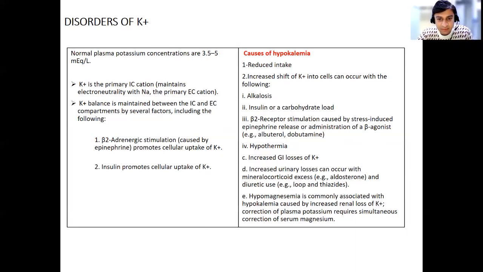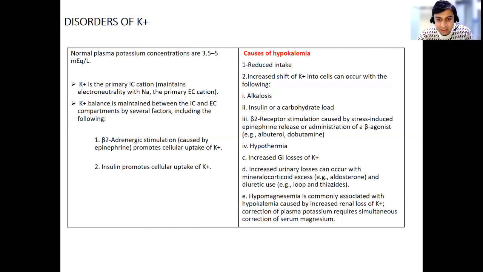Second, there are multiple factors which can cause the shift of potassium inside the cell. It means they push the potassium from the extracellular space to the intracellular compartment. One of them is alkalosis, another is insulin.